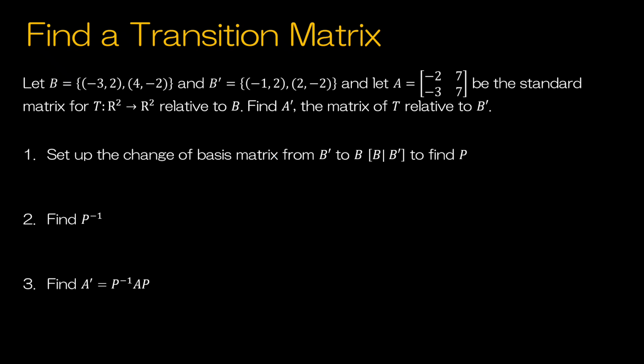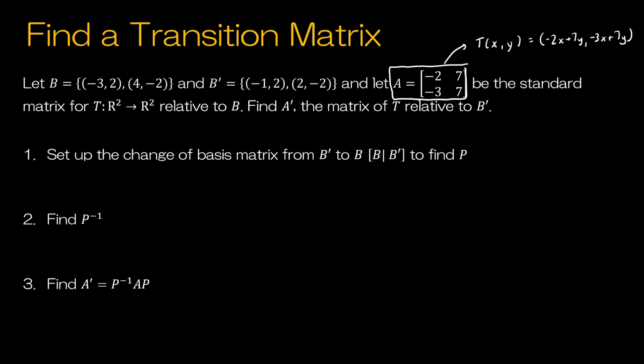First thing is they have given us B prime, and instead of giving us the linear transformation, they gave us A, but we know that this is the linear transformation x, y given by negative 2x plus 7y and negative 3x plus 7y. Either way is fine. So what they did is basically took a step away. We don't need to find A because it's given for us.